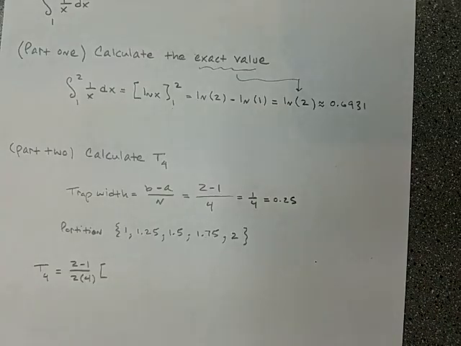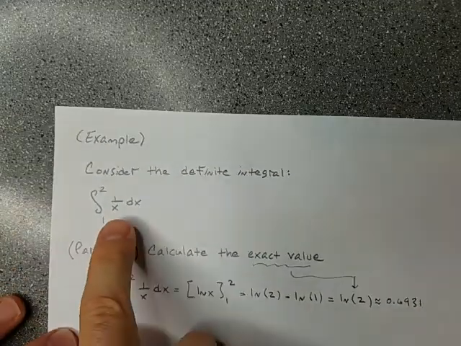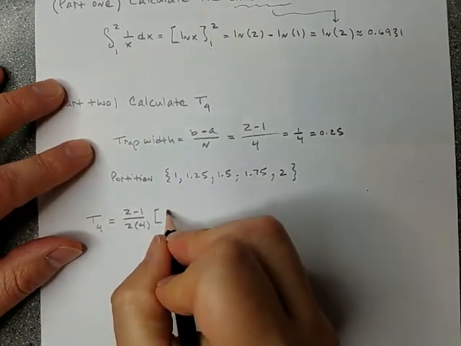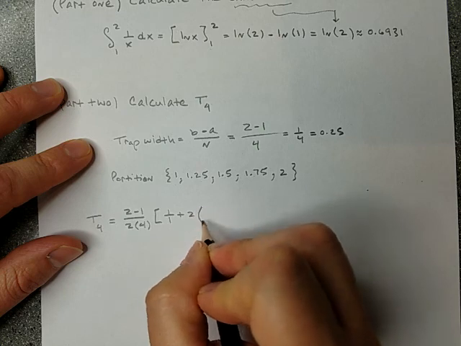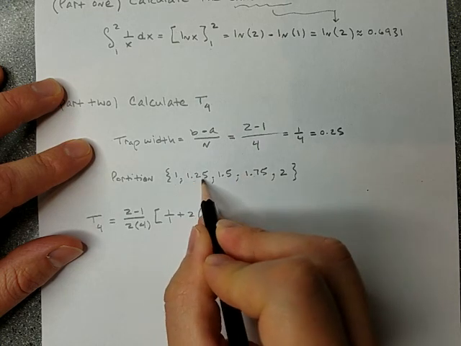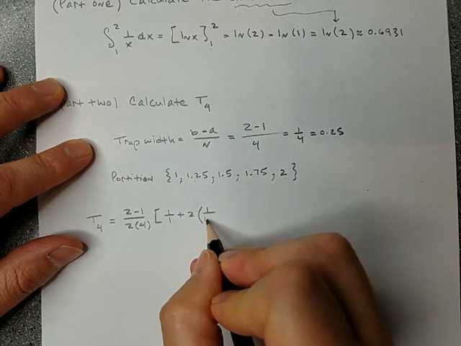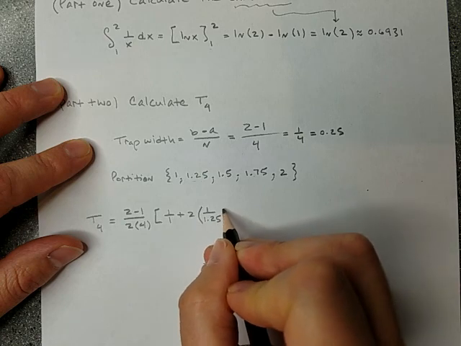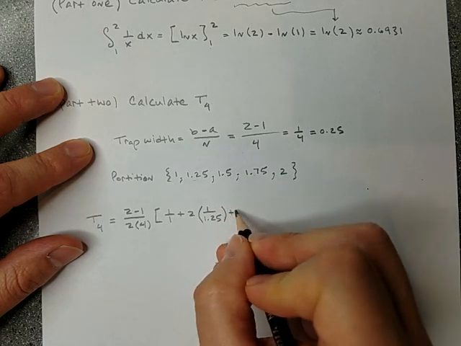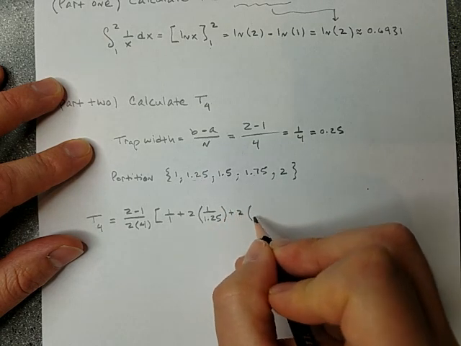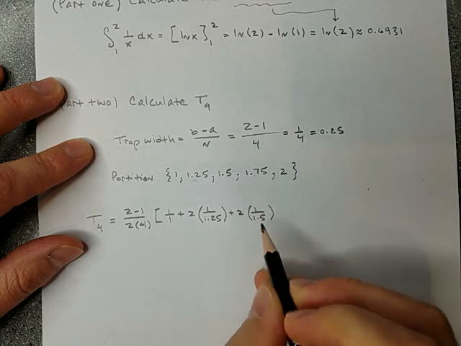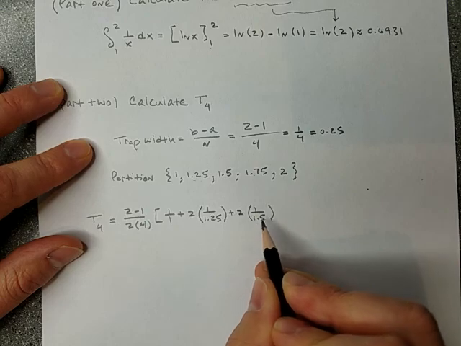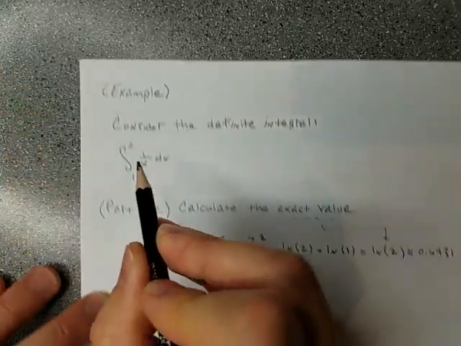So what was my function? It was 1 over x. So I'm going to get 1 over 1 plus 2 times 1 over, what's the next number? 1.25, plus the next number, 2 over 1.5, where this is what I'm getting when I plug the partition elements into that function.